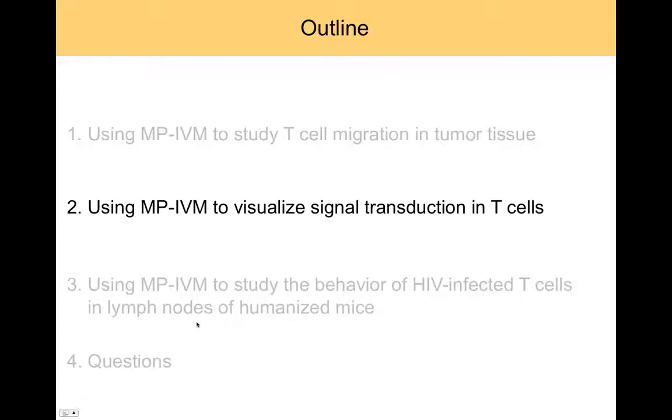So beyond just looking at the behavior of cells and making inferences of what kind of signals are exchanged between these cells based on the degree of contact stabilization, we also wanted to visualize the signal transduction in these T cells directly in vivo on the single cell level by multiphoton microscopy.